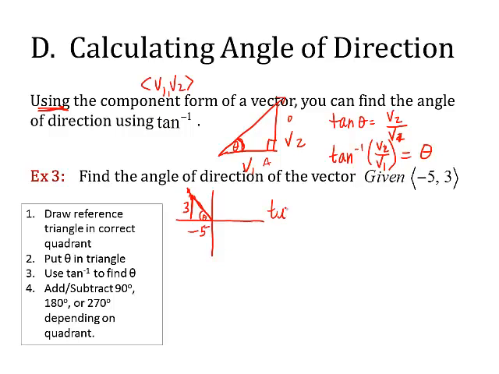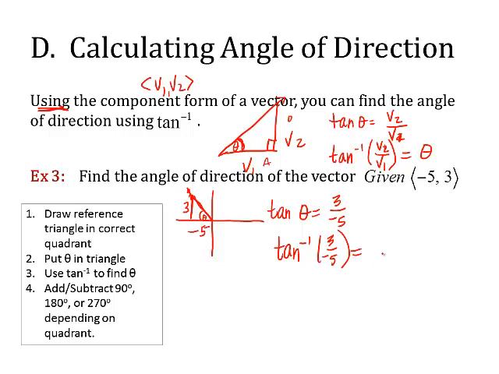So what I'm looking at is the tangent of theta is equal to opposite over adjacent, so 3 over negative 5. So to find the angle, I need to do the inverse tangent of 3 over negative 5. So using your calculator, making sure it is in degree mode, you're going to hit second tangent and 3 over negative 5.